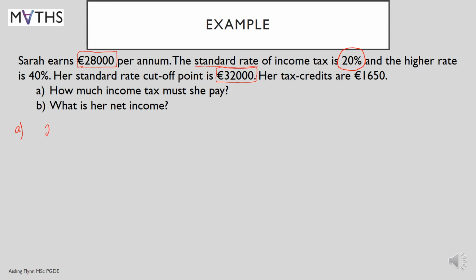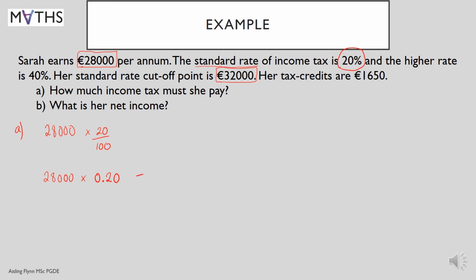So 28,000. Okay, well, let's find 20%. Now there are options for figuring out percentages. You can use the fraction method where you multiply by 20 and divide by 100, or you can use decimals. 20 divided by 100 is equivalent to 0.20.